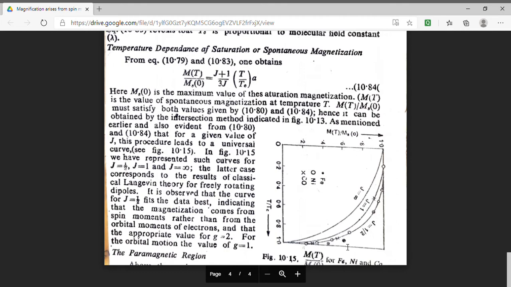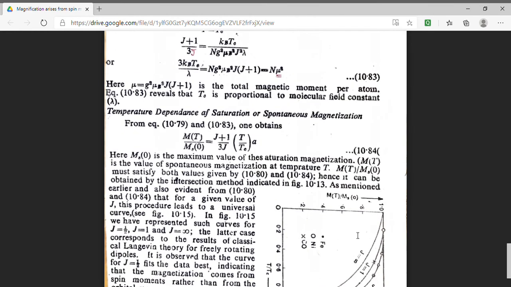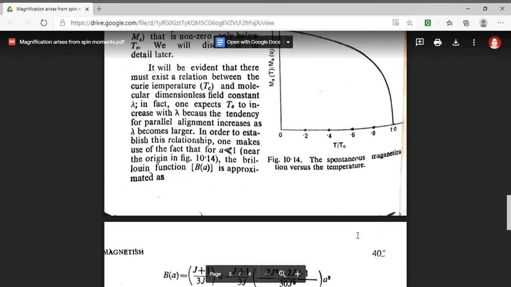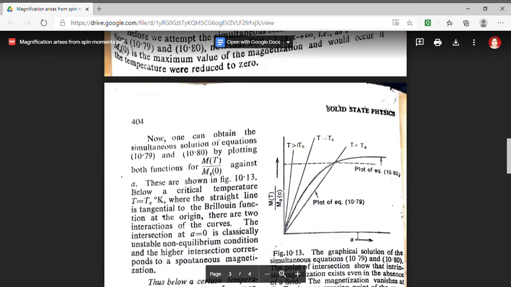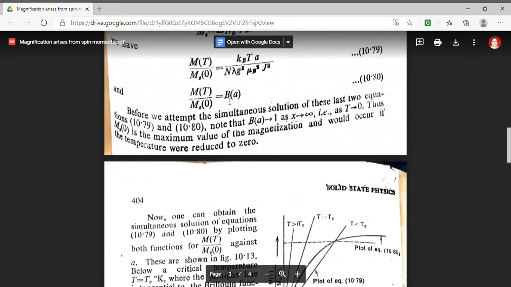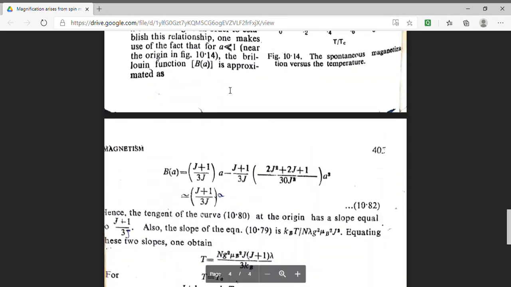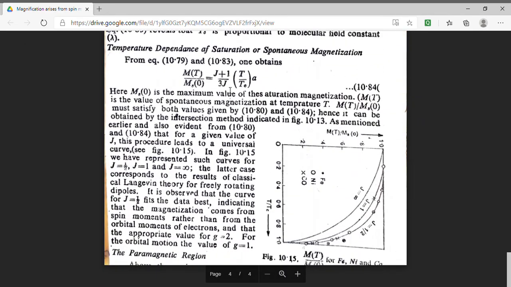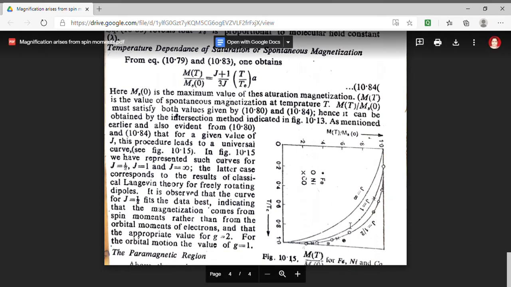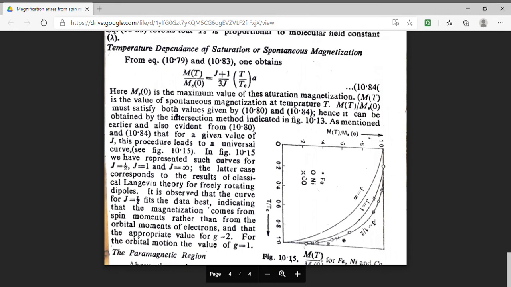From here we can clearly show that the curve obtained for J equal to half coincides with the curve obtained by using M upon Ms equal to BA. That means this expression. So from the intersection method we can show that the curve for J equal to half best fits our data.